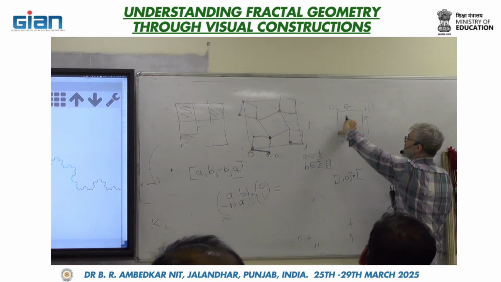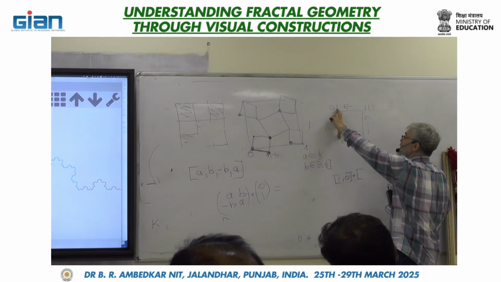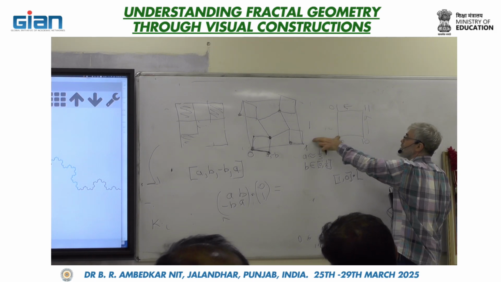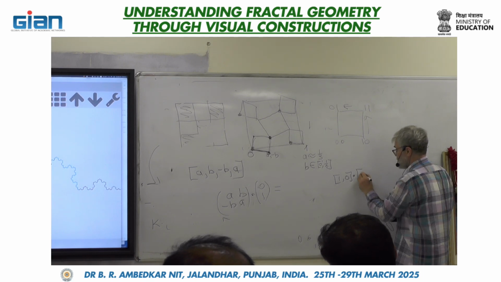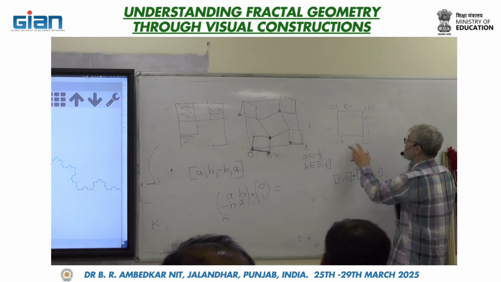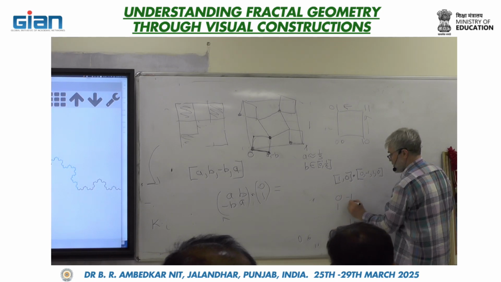We need to make this rotation which sends 1, 0 to 0, 1 and 0, 1 to minus 1, 0, right? So it will be 0, 0 minus 1, 1, 0, or not? 0 minus 1, 1, 0.